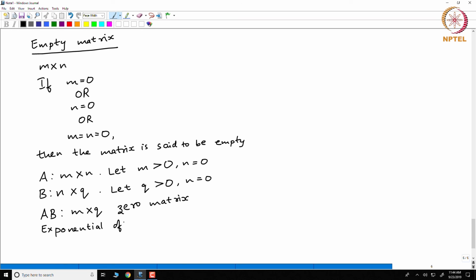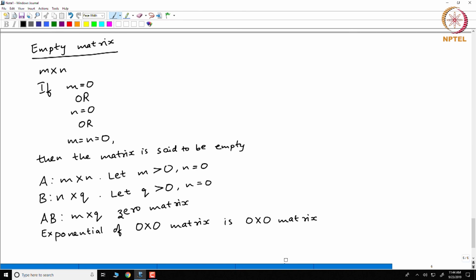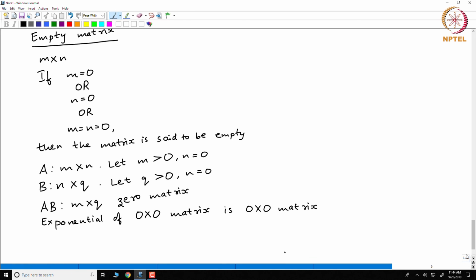So the empty matrix should also be square, where square means the number of columns is equal to the number of rows. The exponential of a square empty matrix, such as a 0 by 0 matrix, is a 0 by 0 matrix. That's again a definition.